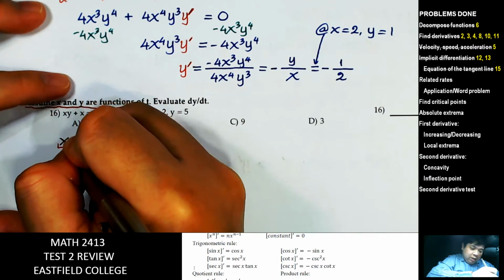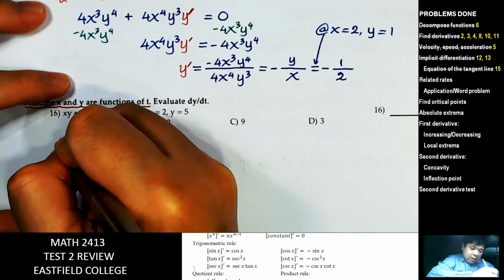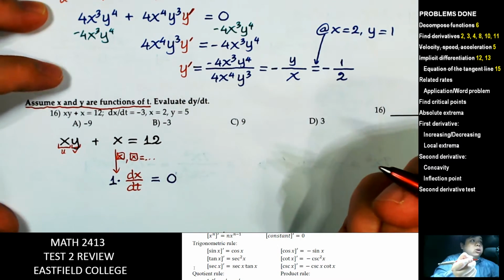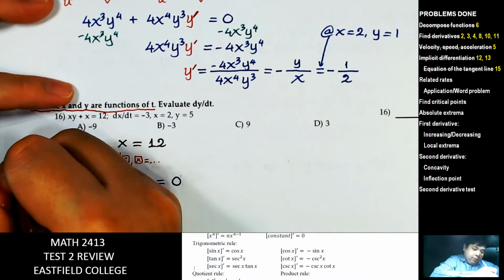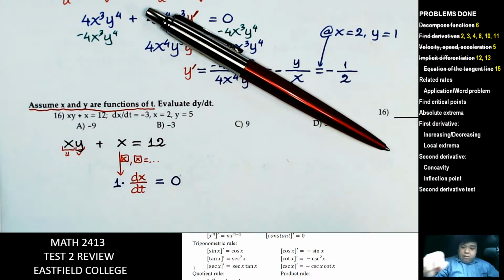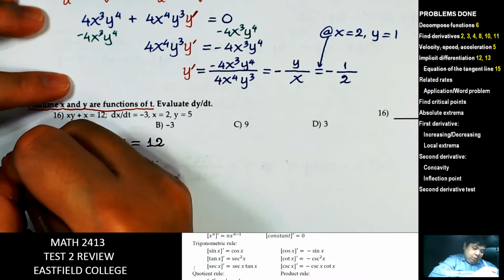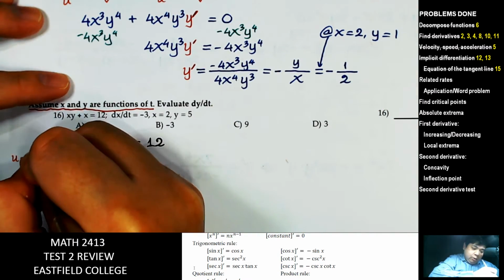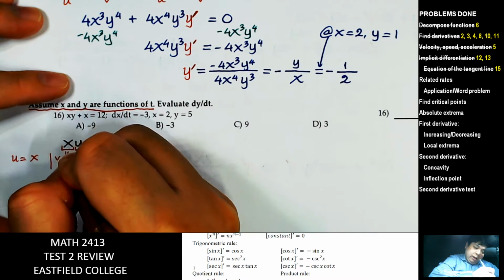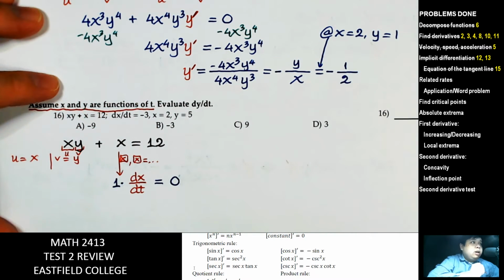This requires a product rule, so u equal to x, v equal to y.